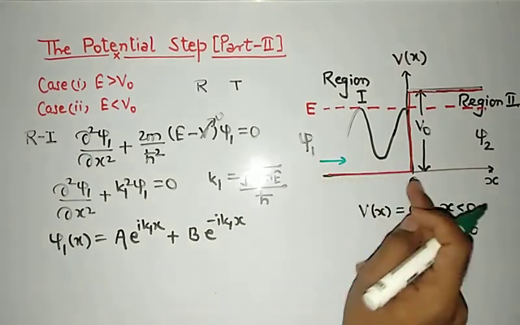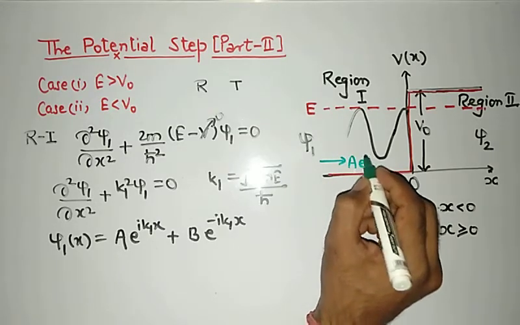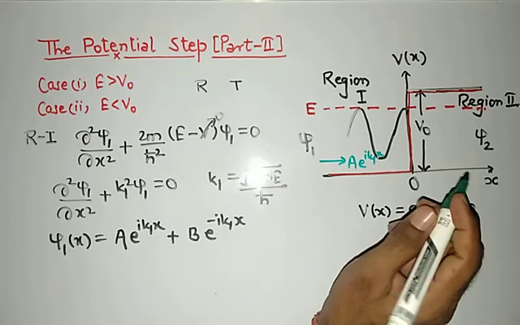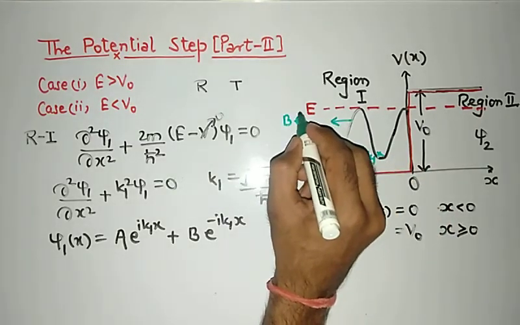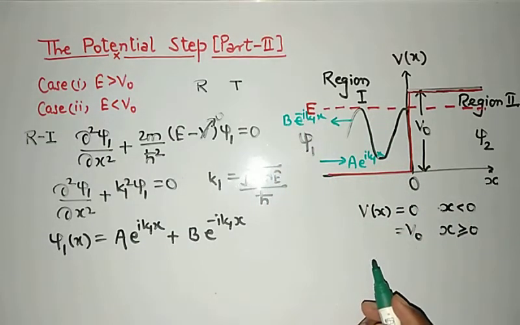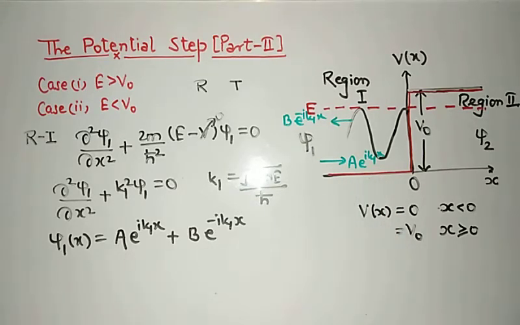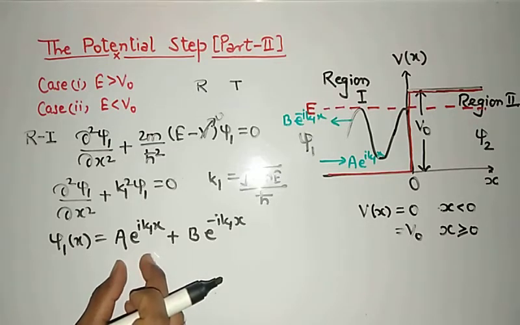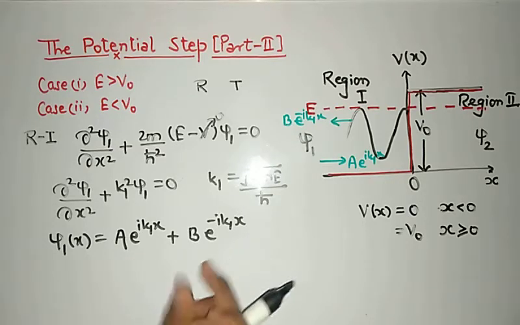This is the incident wave, so we take a e to the power i k1x for it, and for the reflected part we take b e to the power minus i k1x. These are plane waves. So clearly this is the incident part towards positive x-axis, and this is the reflected part towards negative x-axis.